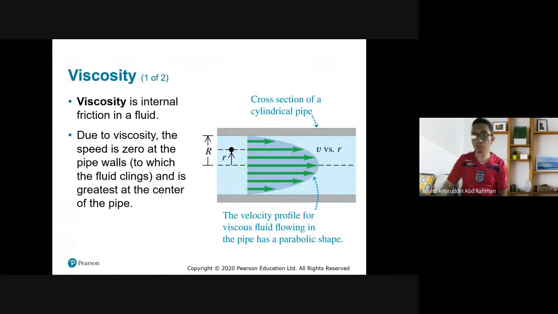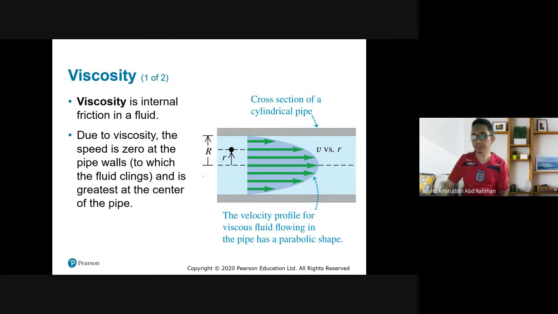So let's look at viscosity as well. What is viscosity? Viscosity is internal friction in a fluid.